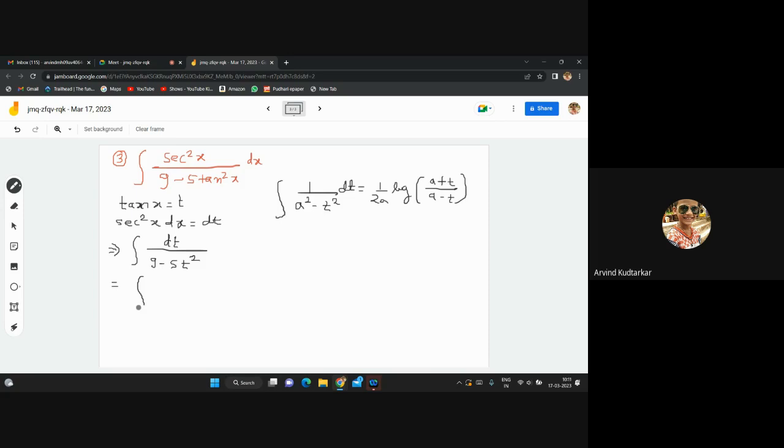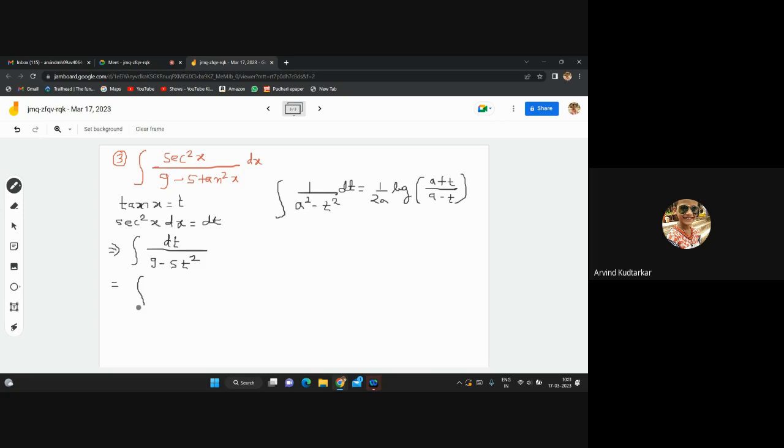So into 3 upon root of 5, into log of a plus t. So what is that a? 3 by root 5 plus t, upon 3 by root of 5 minus t is there.